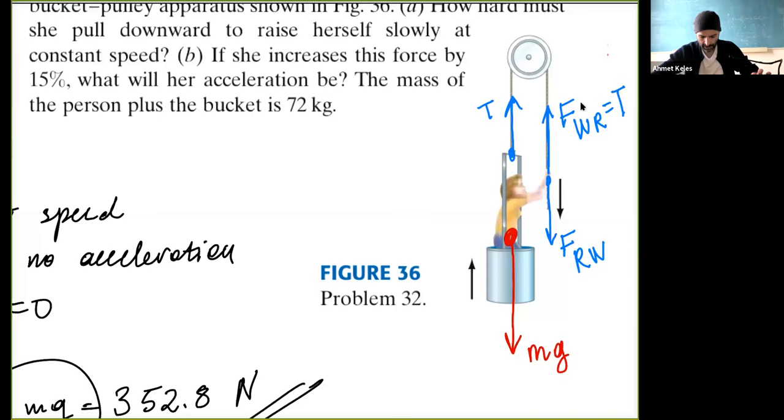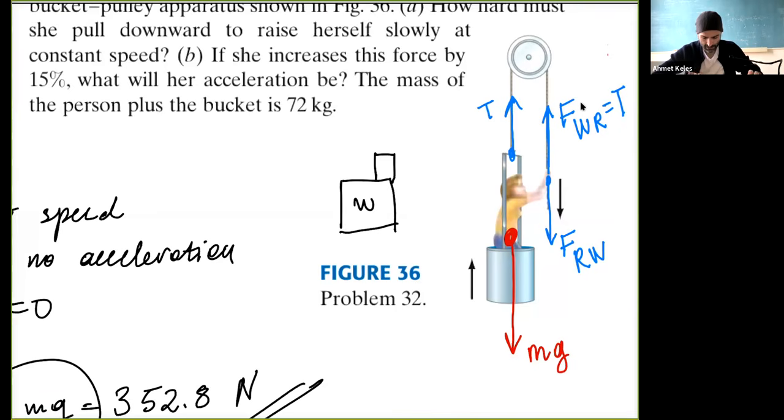Yes, good. Now I appeal to Newton's third law. Newton's third law says, maybe I can do it like this. I can put two objects in contact. There is this woman and there is this rope. I just put a diagram because they are in contact. Of course, the geometry is a little different, but don't mind that.